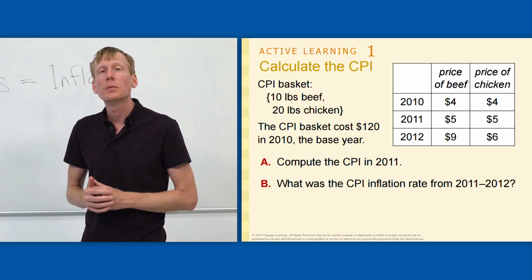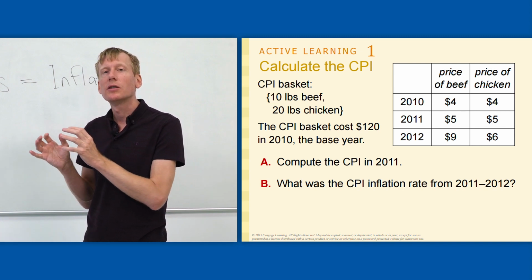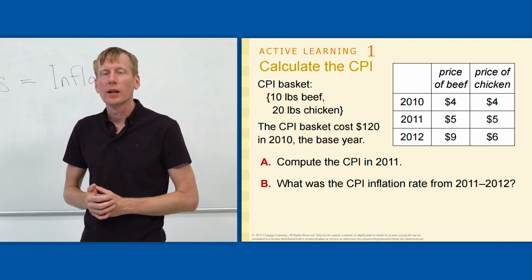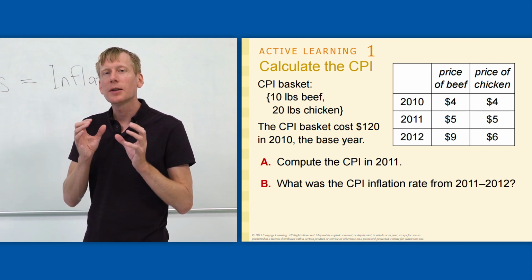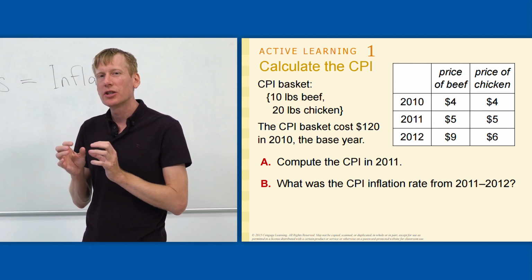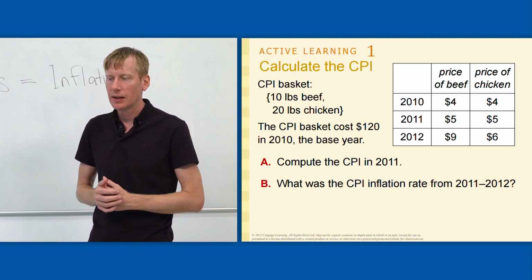Suppose that the two goods that we have are on the one hand beef, and on the other hand chicken. Those are the only two goods in our economy. We can consume nothing else. And suppose that the basket includes 10 beef and 20 chicken. And the basket will be fixed every single year.